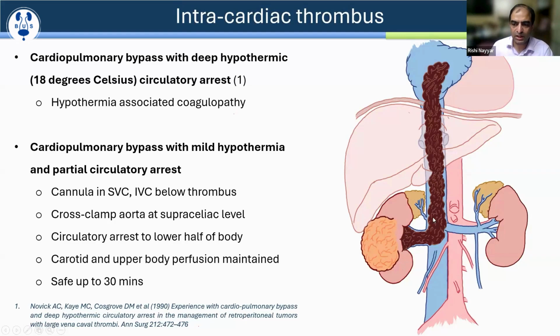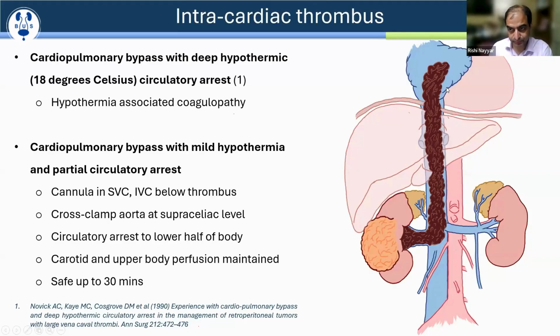Now, if this is not adherent and the surgeons are confident that they would be able to complete the thrombus removal as well as the repair of the cavotomy within 20 minutes, then there is a way of doing a partial circulatory arrest, and the hypothermia is done only till 24 degrees.